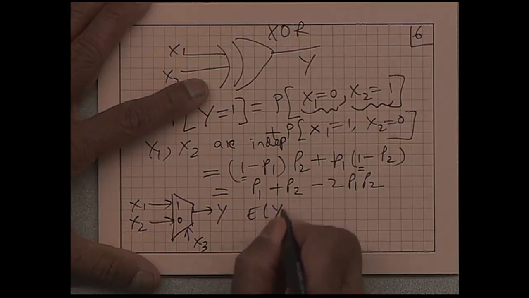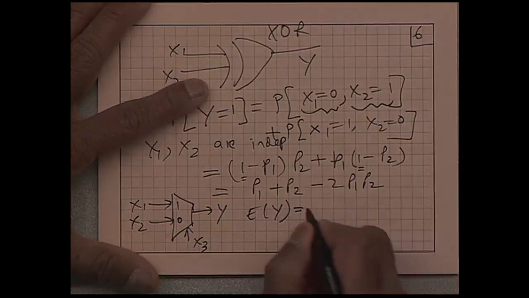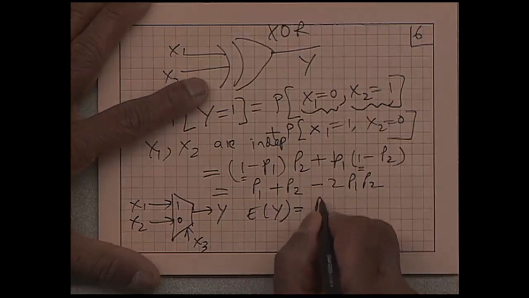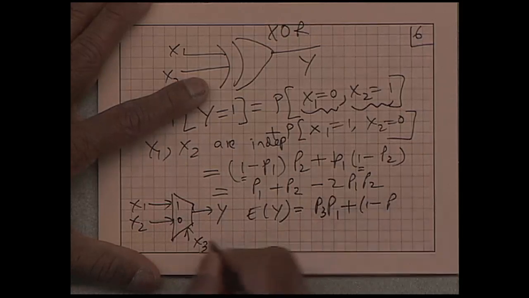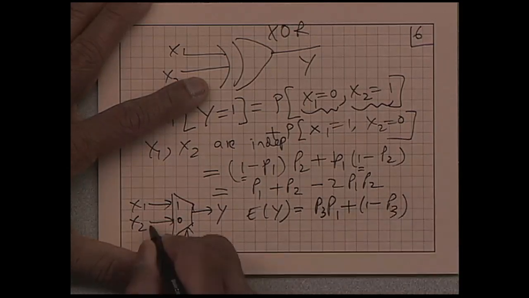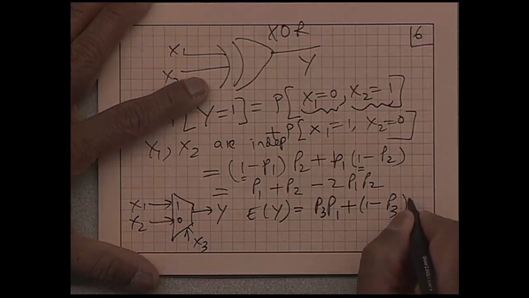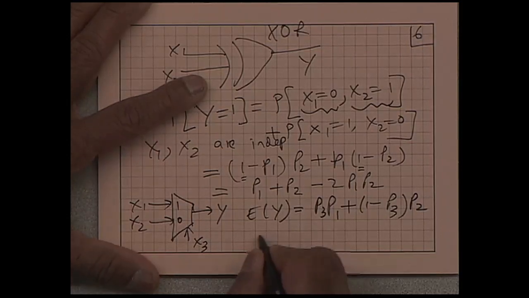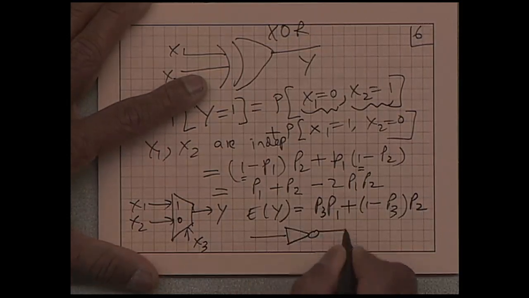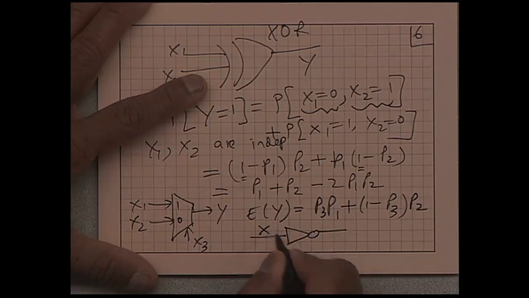So the expected value of y would be p3 times p1 plus, if this is 0, with probability 1 minus p3 times expected value of x2, which is p2. So that's going to be the value of the multiplexer.